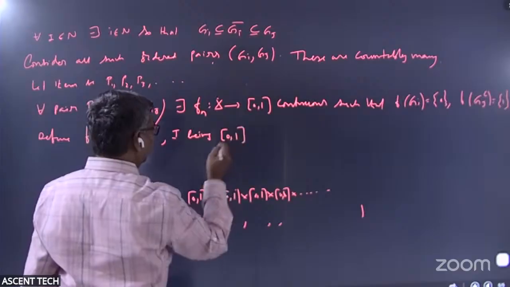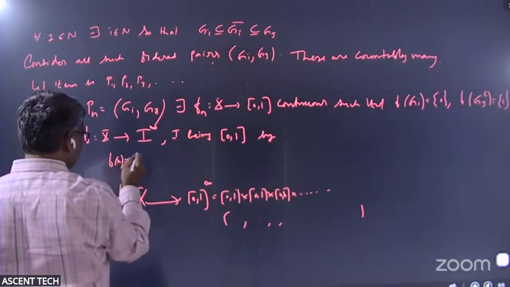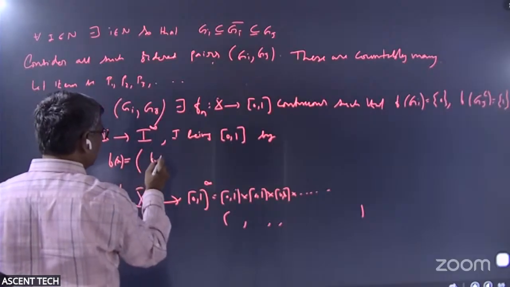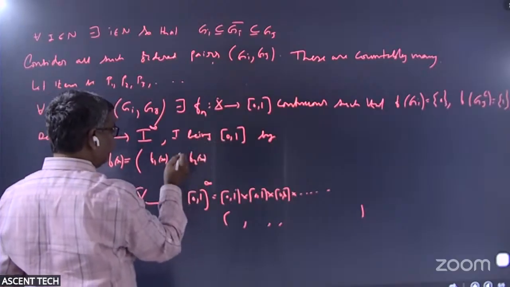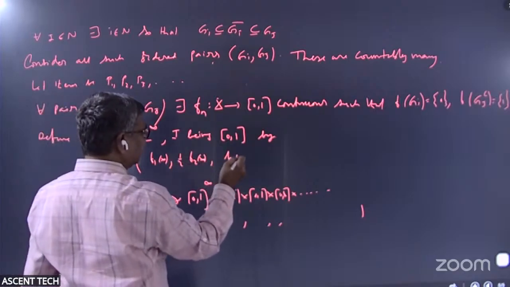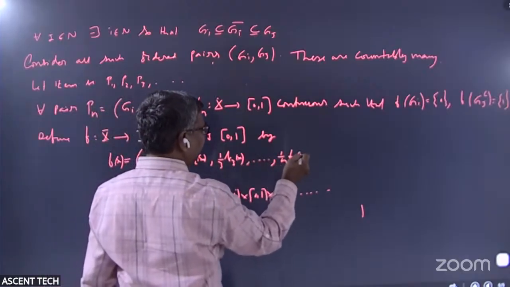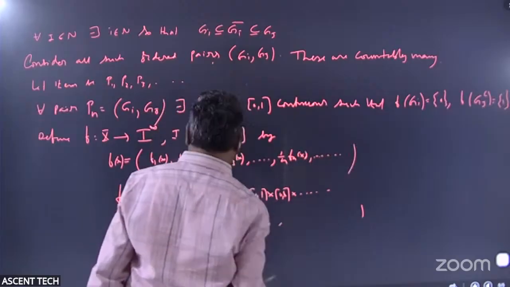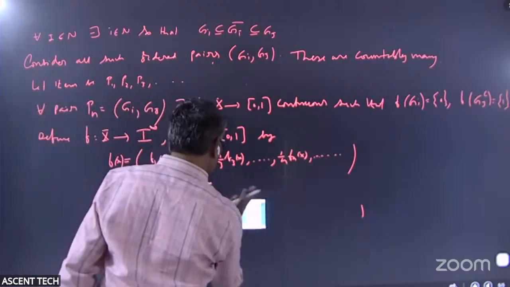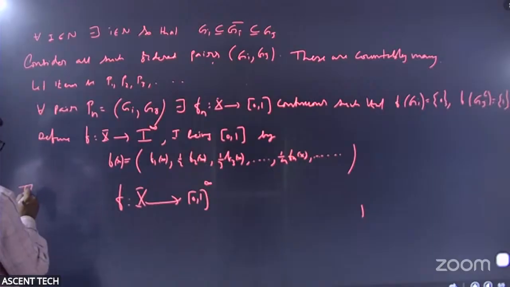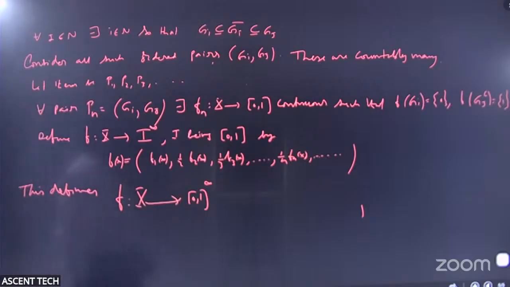F of x is equal to f1(x), f2(x) by 2, f3(x) by 3, and so on, 1 by n fn(x), and so on forever. This defines a mapping f from X to [0,1] to the infinity.